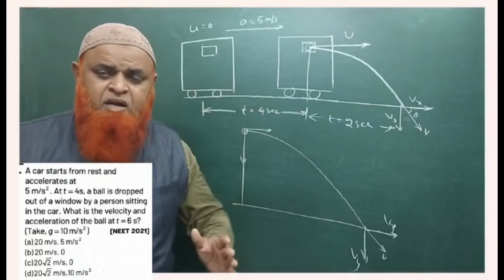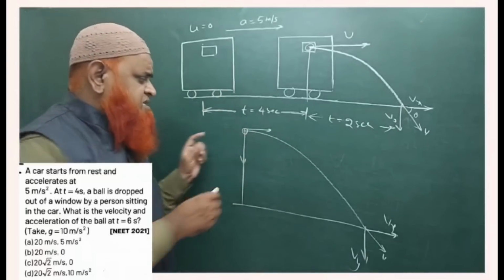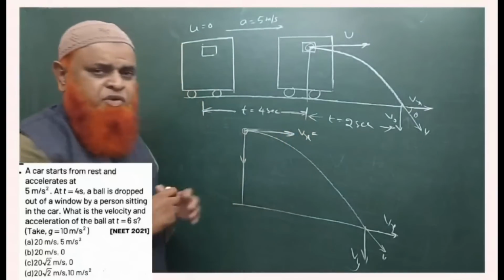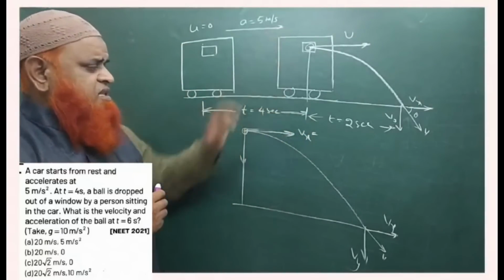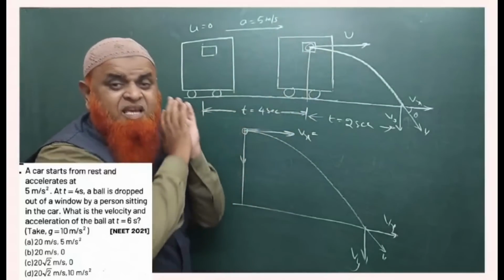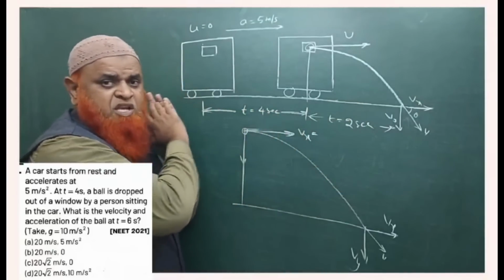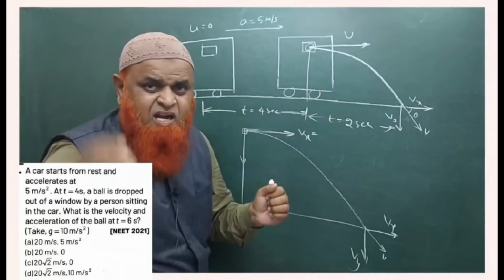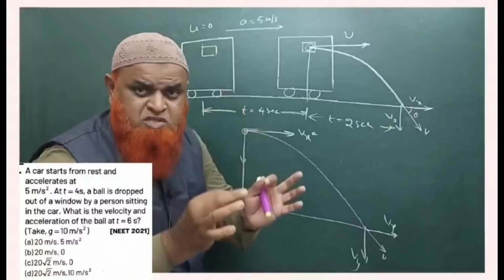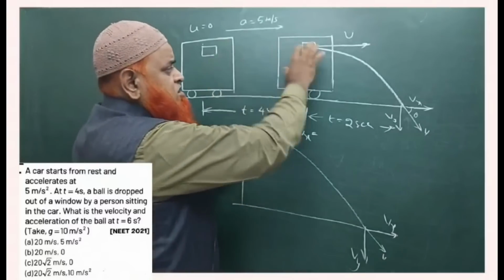We have to think a little bit, then you will get the answer very easily. What is the horizontal velocity at this place, Vx? How much is it going to be? The velocity gained by the car will be the horizontal velocity of the ball, because once he throws the ball from a moving car, it falls downwards with an initial velocity equal to the velocity of the car.